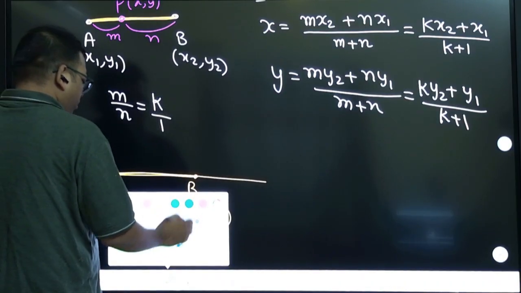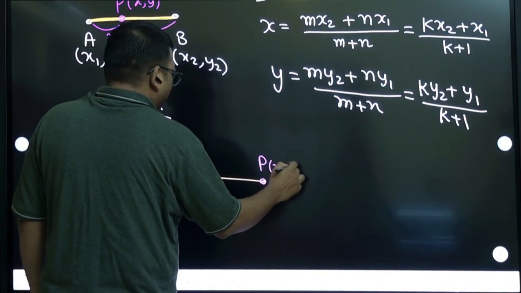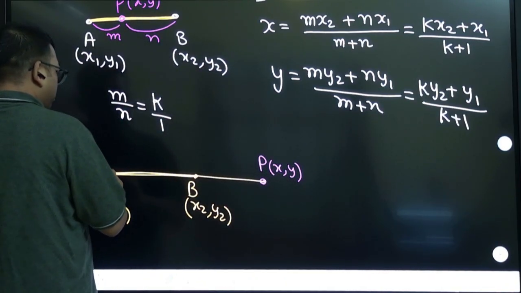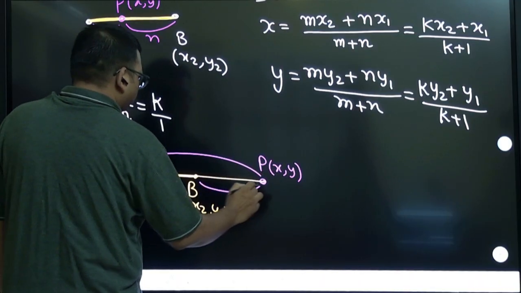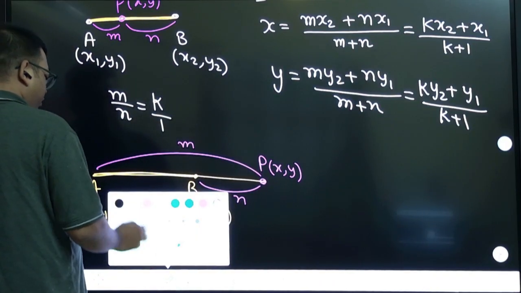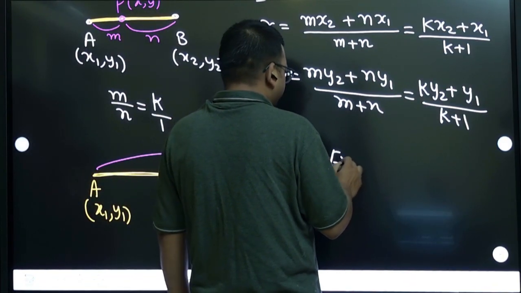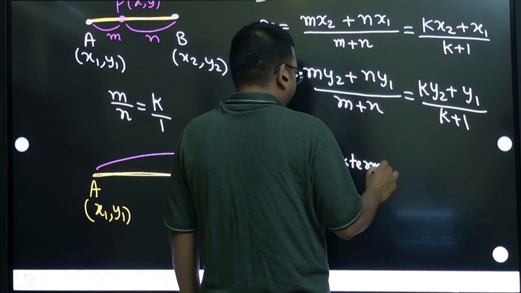The point P will be lying outside this line and we need to calculate its coordinate x comma y. Here the ratio is m is to n, and the point P is definitely outside.